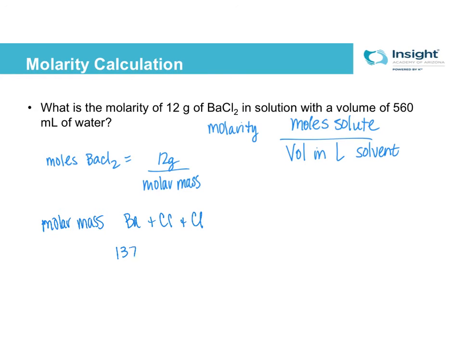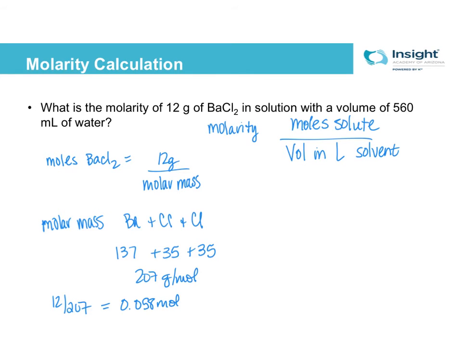It's going to be 137 plus 35 plus 35, which will be 207. All right. So our moles of BaCl2 is going to be 12 divided by 207, which is going to be a somewhat tiny number, .058 moles. All right, so there's our moles.